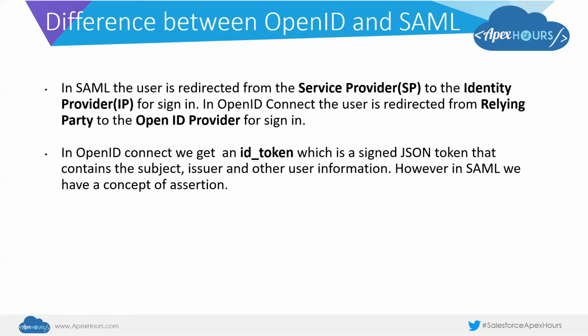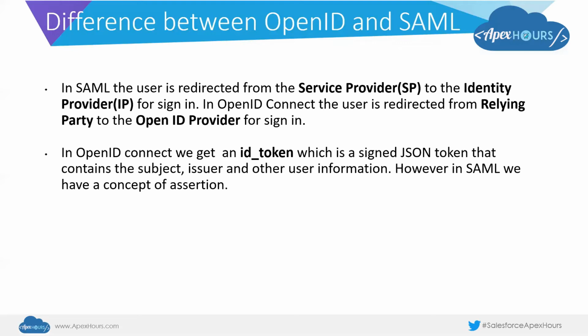So for example, in today's demo we will be showing how to use Gmail and Salesforce, right? How to use Gmail credential as an OpenID provider to authenticate and connect to Salesforce. In that case, the OpenID provider is Gmail, because we are using Gmail's credential to validate. But once the user has validated, the user will go back to Salesforce, because Salesforce is the end resource they are trying to access.